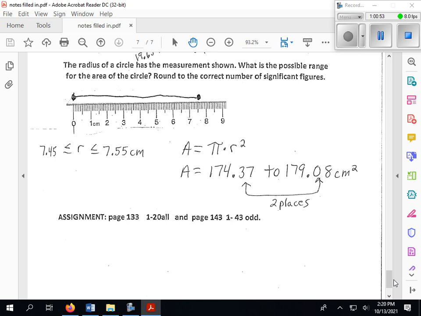Remember, we take away half of the smallest measurement, 0.1, so times 0.5, sorry, 0.05. So even though she said it's 7.5, it could be anywhere from 7.45 to 7.55.